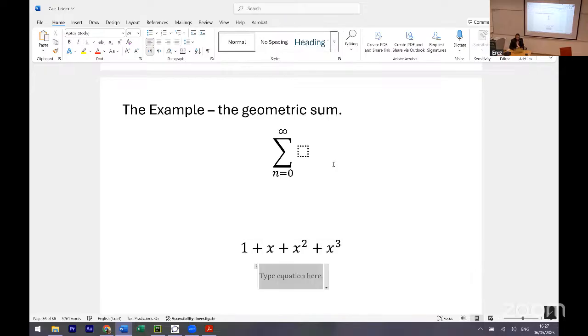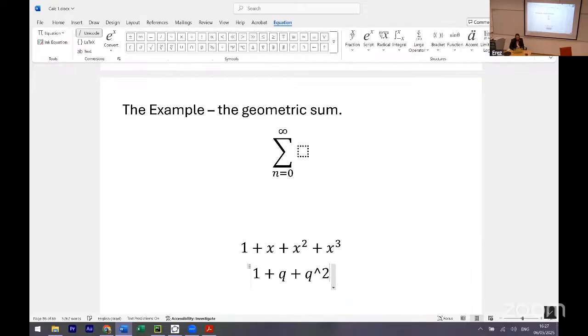What is 1 plus q squared plus q cubed? What do you call this thing? You call that a polynomial, and that also, would you call that a polynomial?